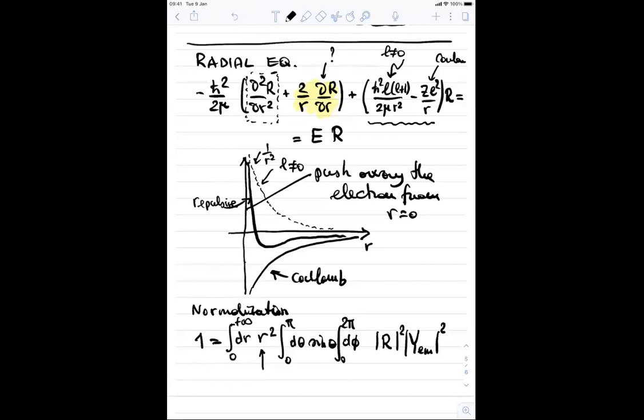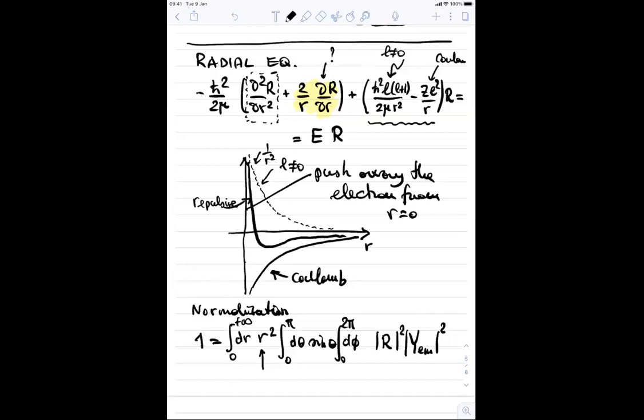S states are attracted towards the origin, and therefore the ground state is the one that gains more of the Coulomb attraction. Obviously, you don't go to the origin because there is kinetic energy. So there is a balance between kinetic energy and the attraction from the nucleus, and the S state comes lowest. It is the ground state, the famous minus 13.6 electron volt ground state.